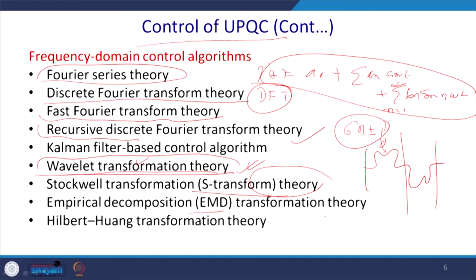This is quite familiar and has been used by communication engineers, and that technique can be very useful here. That is called Hilbert-Huang transformation theory, and this can also be applied to estimate the voltage to be injected and the current to be calculated.